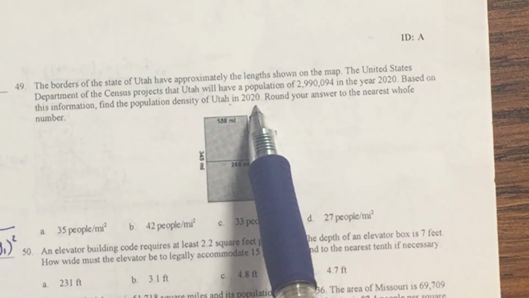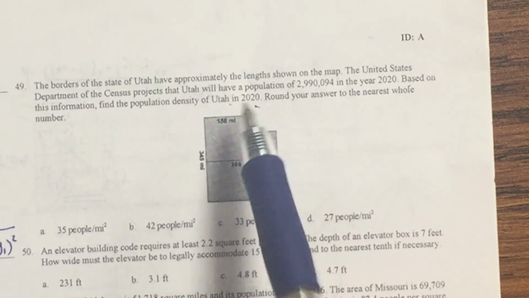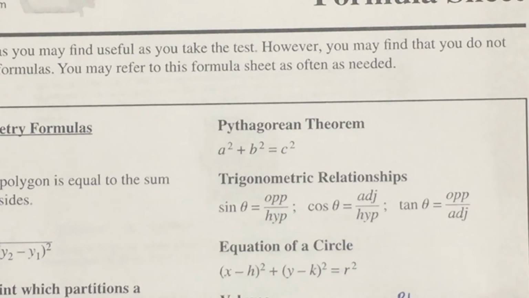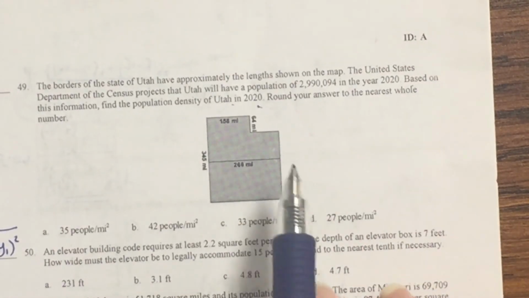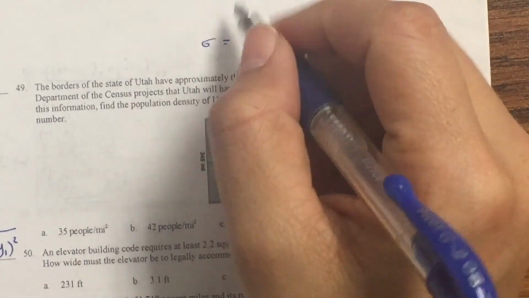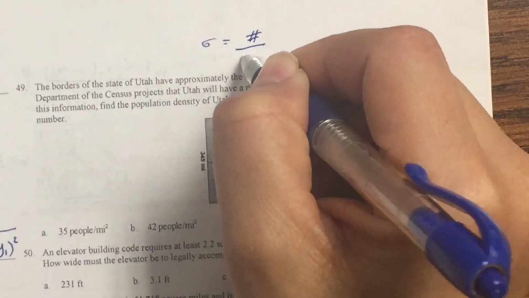Also, you have to know what the formula is, and I don't think that they give you that formula in here. That's interesting. They don't give it to you, but okay, so population density is the number of people over the area.